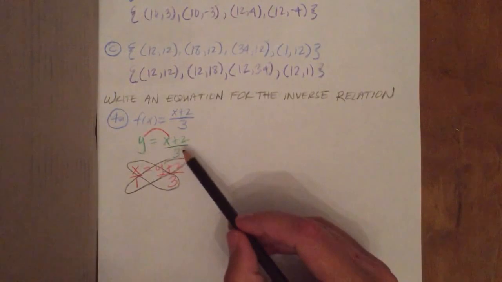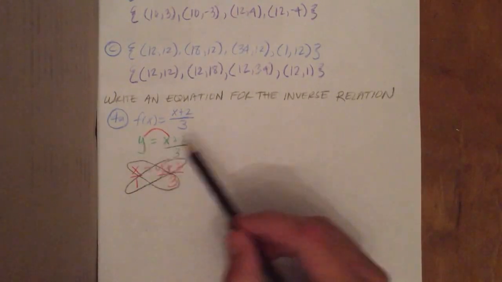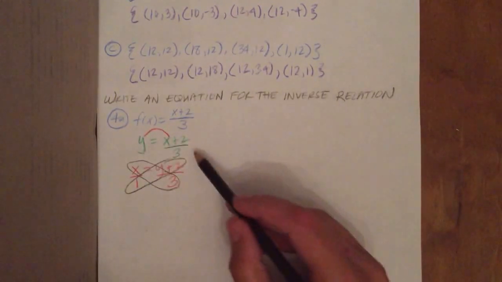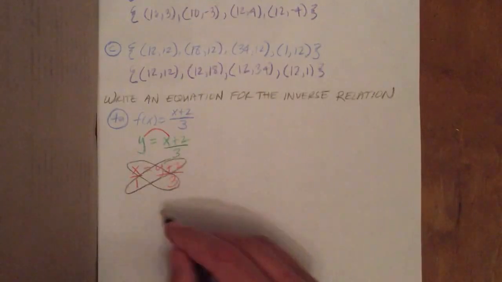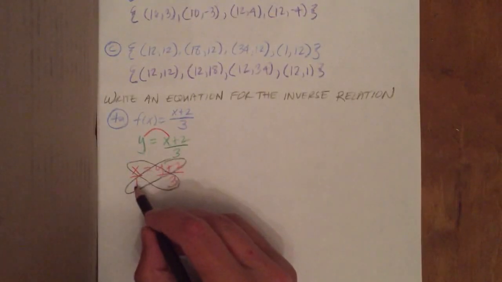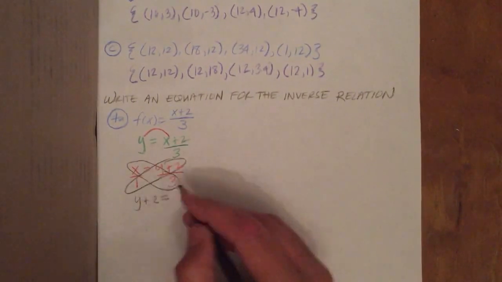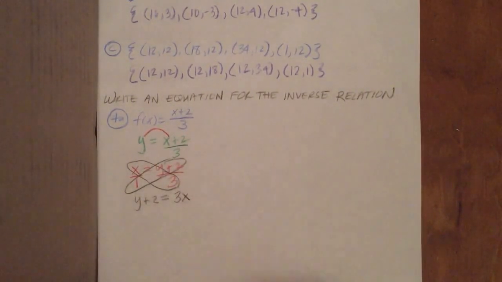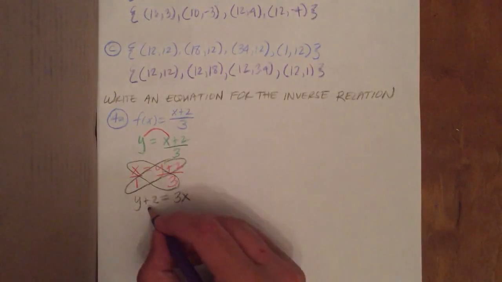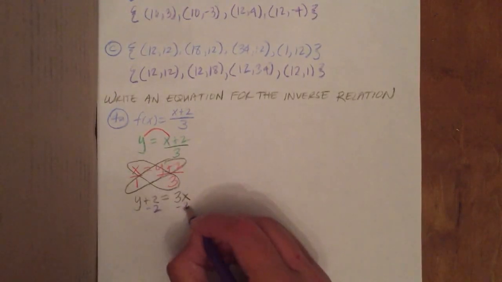There are two ways you can do it. If you wanted to, you can multiply both sides by 3, the reciprocal. I'm going to do the cross multiplication. 1 times y plus 2 is y plus 2, and x times 3 is 3x. In order for us to get y all by itself, my last step would be just to subtract the 2.